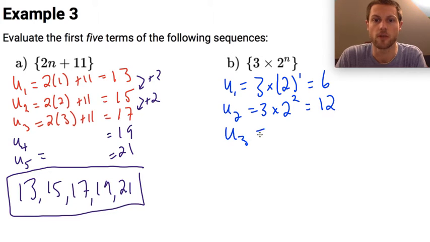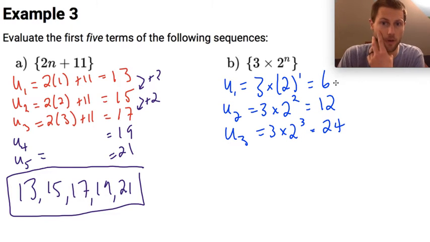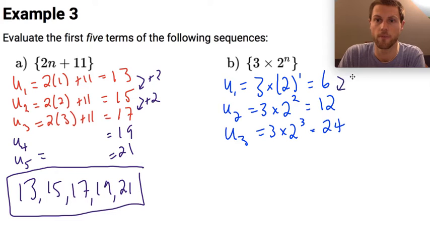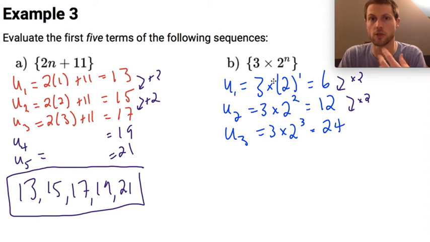U sub 3 is going to equal 3 times 2 to the third power, so that's 3 times 8, and that's 24. And at this point, we can start to see another pattern emerge, where this time it looks like I am multiplying by 2 as I move along my sequence. And again, that should make sense since I'm multiplying by 2 to some nth power.